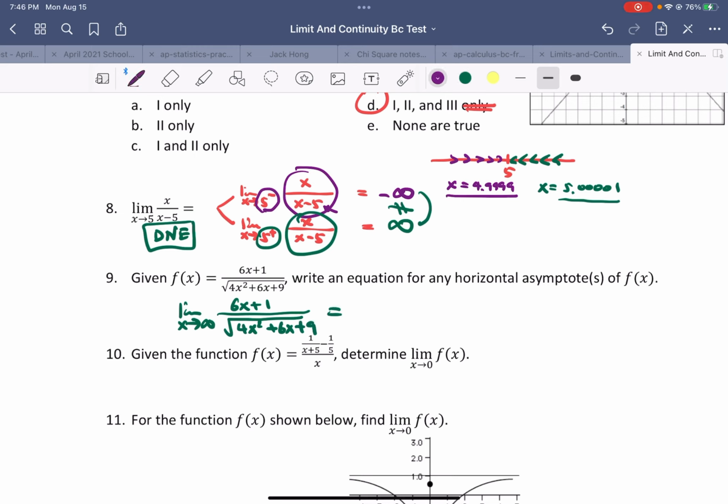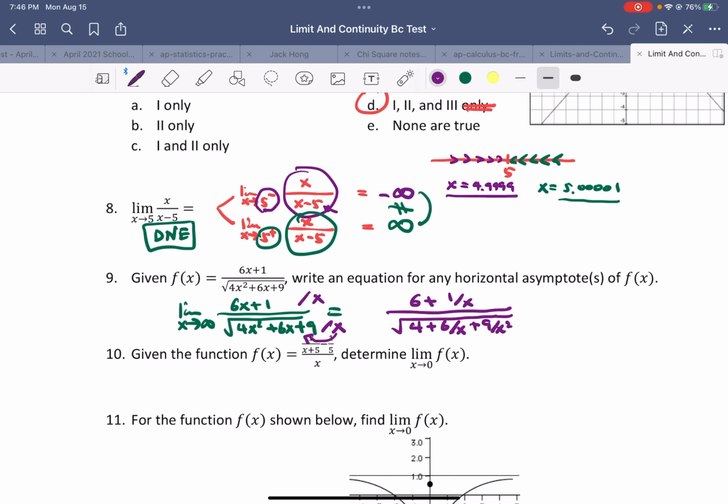So why don't we divide by x top and bottom, right? Then what happens is a 6 plus 1 over x on top. And when you divide by x and bring it inside the square root, you actually divide by x squared, so 4 plus 6 over x plus 9 over x squared.